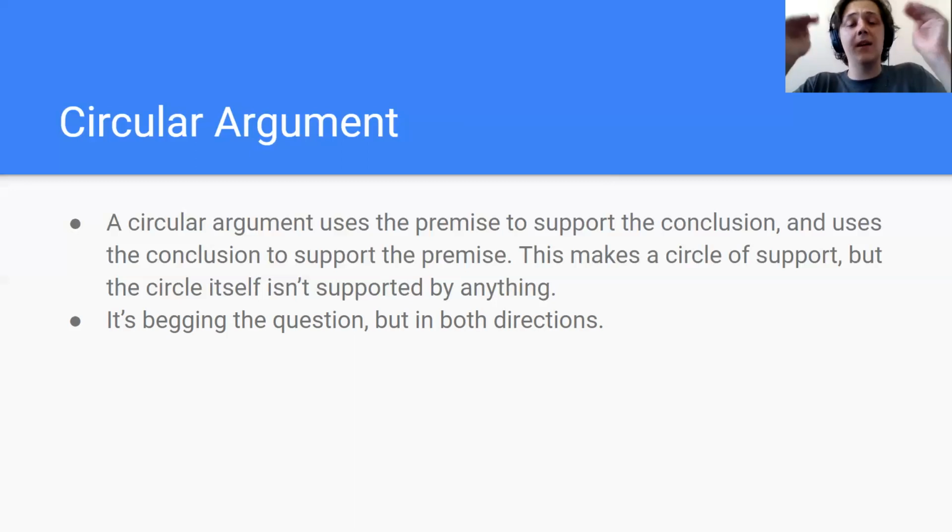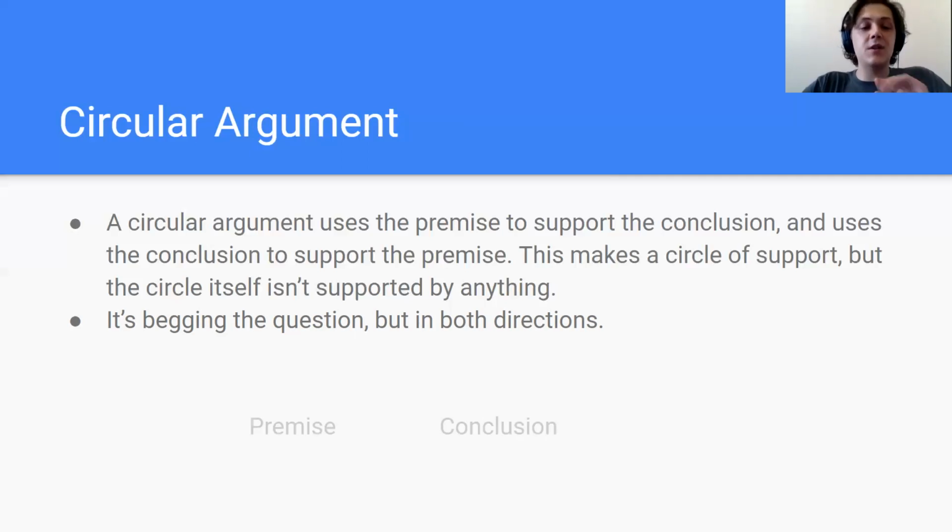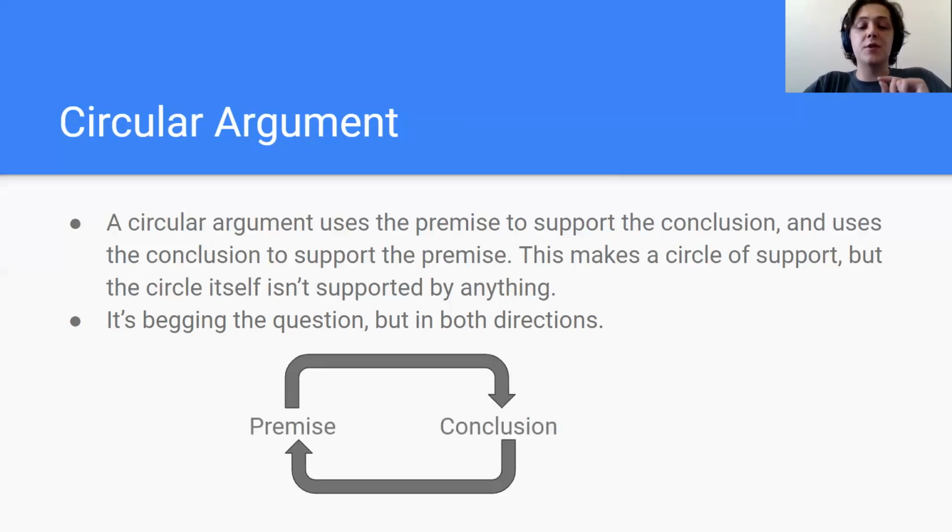The premise is that the Earth is round, and the conclusion is that the Earth is round. Some examples are a little more complicated, but if you look at an argument and you think that one of the premises is just restating the conclusion, then it's begging the question. That's begging the question. So a circular argument begs the question in both directions.